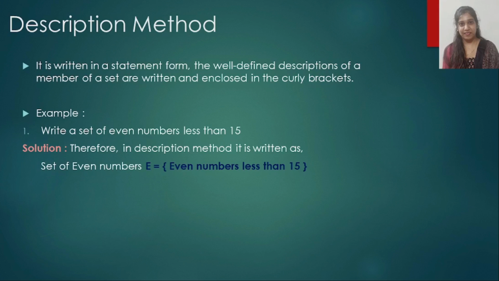But in the description method, you will just write: set of even numbers E equals even numbers less than 15. You are writing a statement, you are only describing it. Now tell me, if B is a set of all days of the week, how will you write this in the description method?